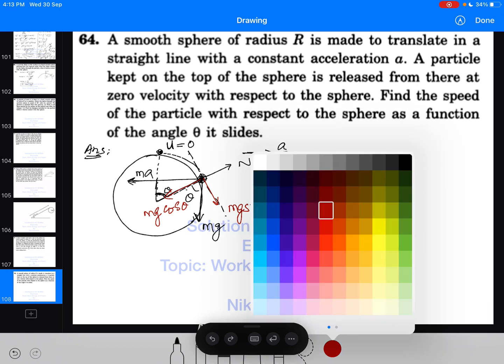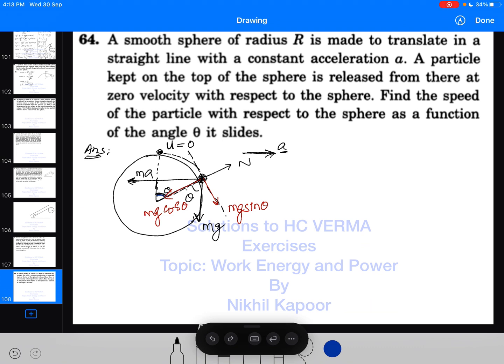Here also, if this angle is theta, then this angle would be 90 minus theta with the horizontal, so this angle would become theta. So the component of pseudo force would be ma cos theta, and this component of pseudo force would be ma sin theta.